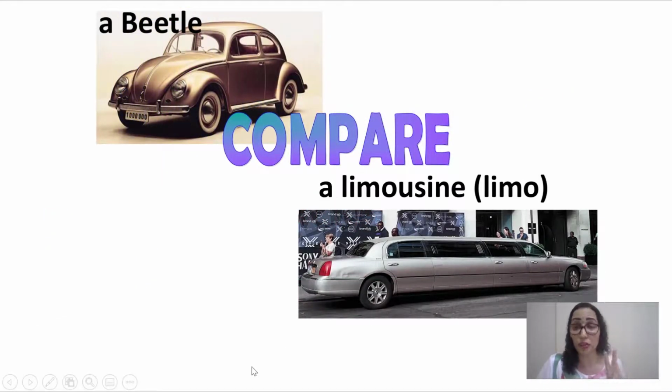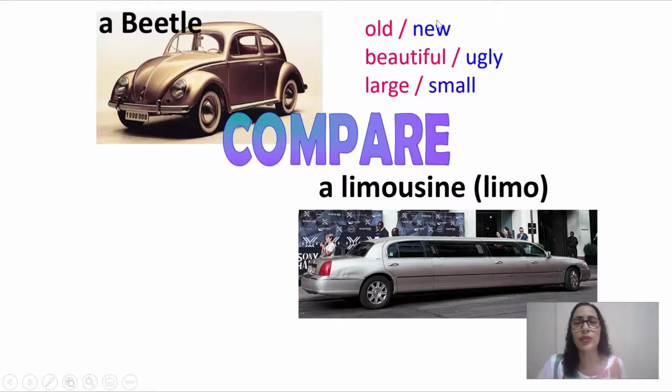I have here two different kinds of car, a Beetle and a limo. American people say limo instead of limousine, okay? It's more informal. If you had to compare a Beetle and a limousine, how would you use these adjectives here? In my opinion, a Beetle is older than a limo.